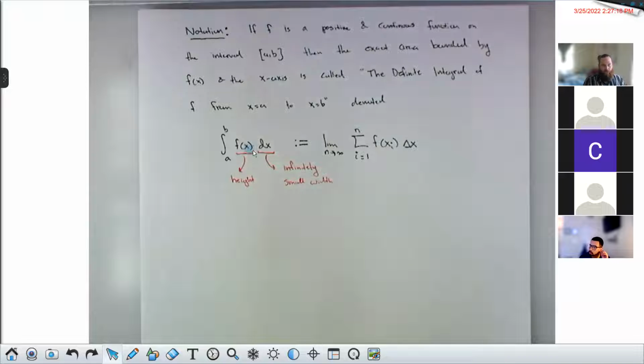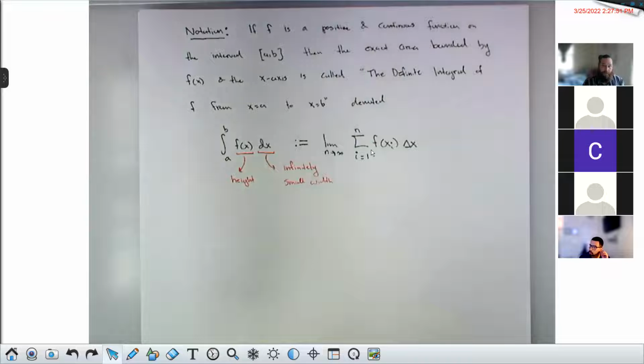So here x represents the continuous variable running from x equals a up to x equals b. So this width becomes this infinitely small width. This finite number of heights becomes this infinite number of heights. And the symbol we use for a continuous summation is the curly s, kind of like the continuous version of this capital sigma, which is the discrete summation or finite sum.